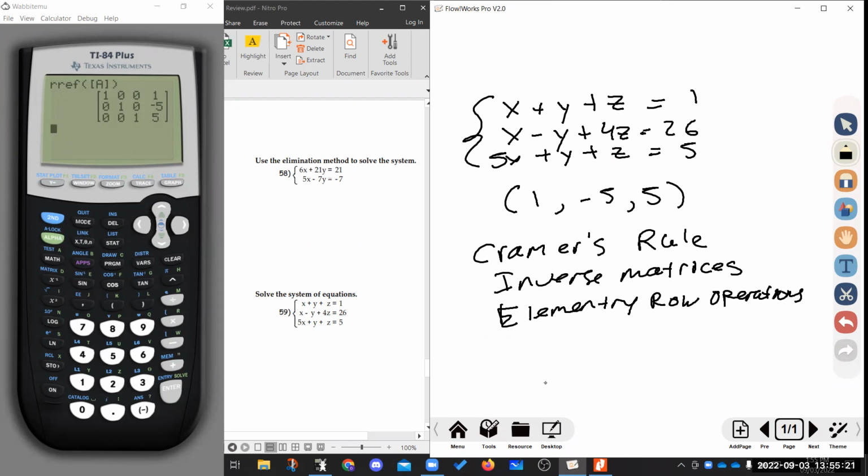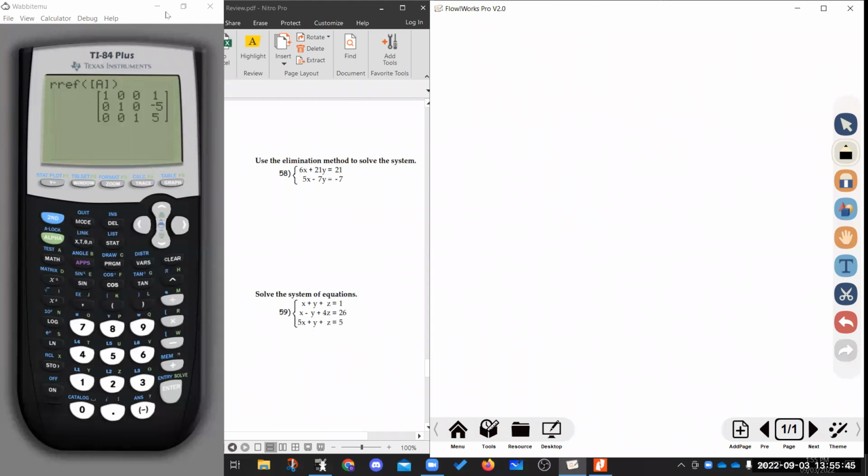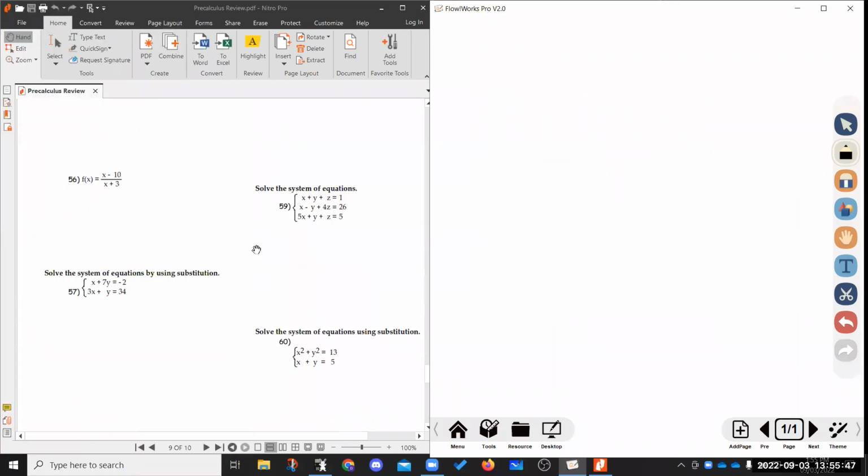So I just don't think that that needs to be the emphasis of the video. If we're going to do something with linear algebra later, we'll talk much more about elementary row operations and all of these other ways to solve matrices. But if you have a 3x3, feel comfortable with sticking it in your calculator to get an answer unless your teacher tells you differently. So let me go ahead and hide my calculator for right now.